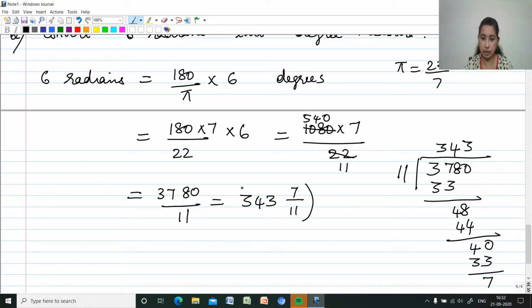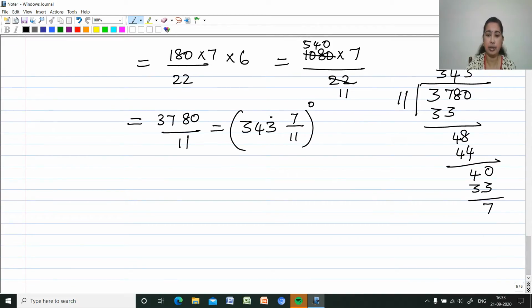That much degrees. But this way, we have to write it as degrees, minutes and seconds. Like that way we have to simplify. We cannot write it in the mixed fraction form. So how can you complete this?